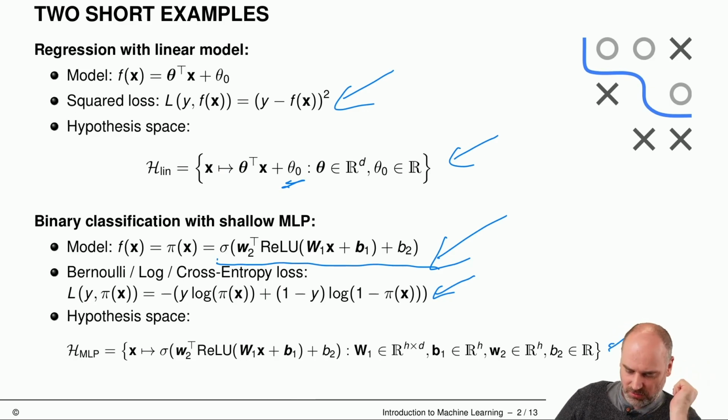And here's just the hypothesis space. I guess that's somewhat redundant, I just wanted to be complete here. But you can see that immediately from the model formula in this first line. Yeah, and this cross-entropy loss, you might also call log loss or Bernoulli loss. And what all of that means and why all of this is equivalent is, again, part of this chapter, but not of this first session.